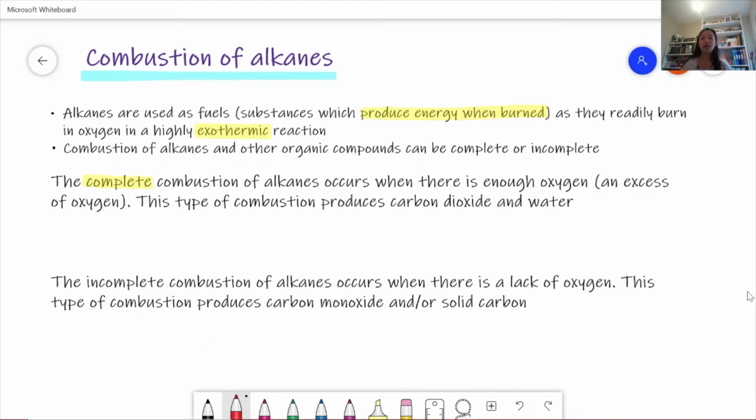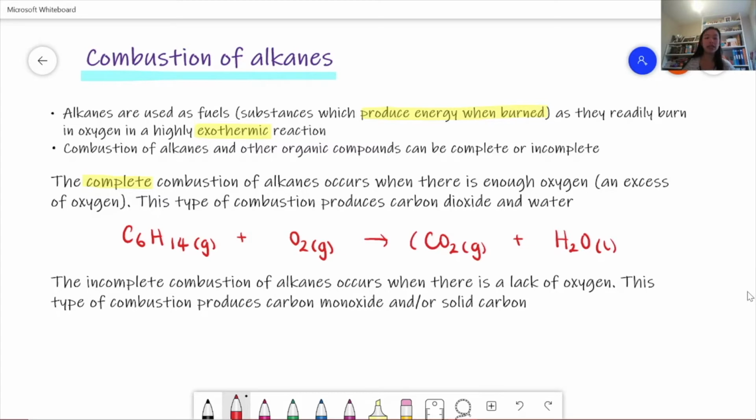So for example, we could have hexane, which is C6H14, and this will be a gas. And if we add some oxygen to it, then we would form carbon dioxide and water. And now we need to balance it.